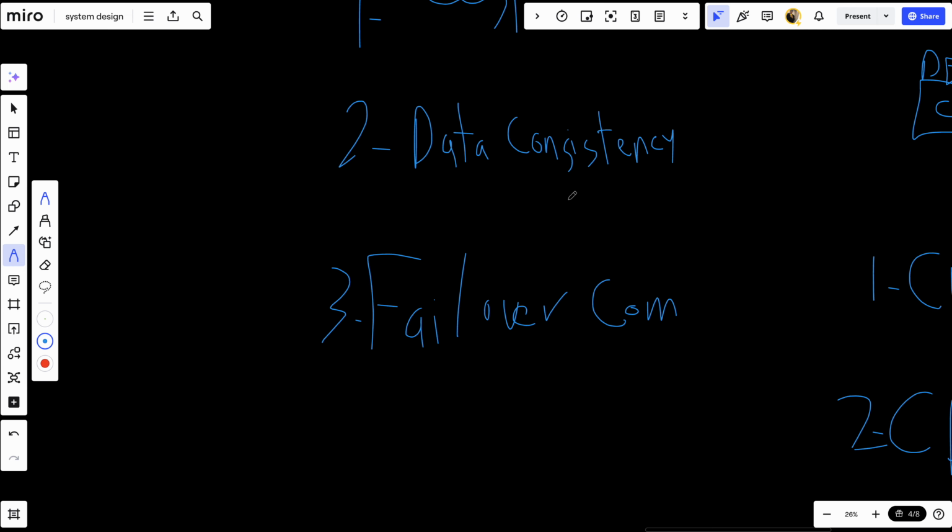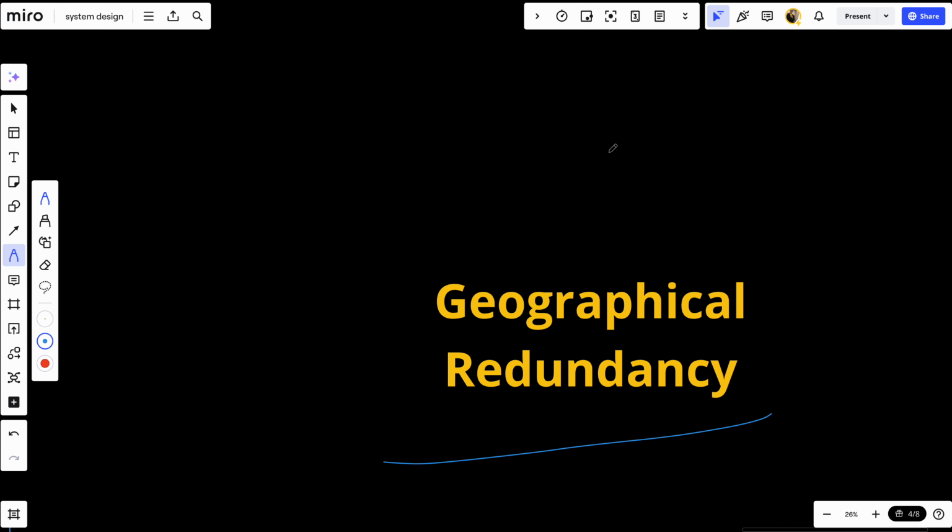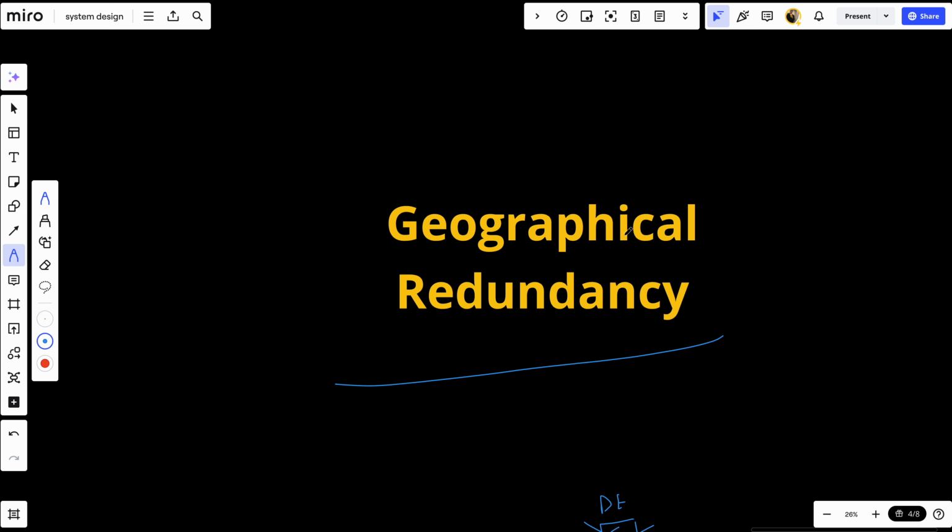So, in conclusion, geographic redundancy is a critical strategy for organizations aiming to provide high availability, fault tolerance, and disaster recovery across distributed systems. By deploying systems, data, and services across different regions, organizations can protect themselves against regional outages, natural disasters, or other failures.